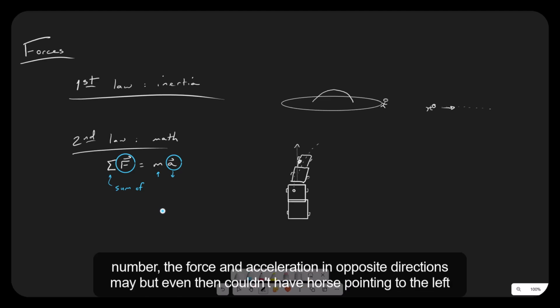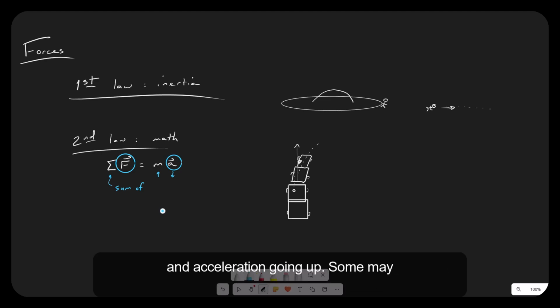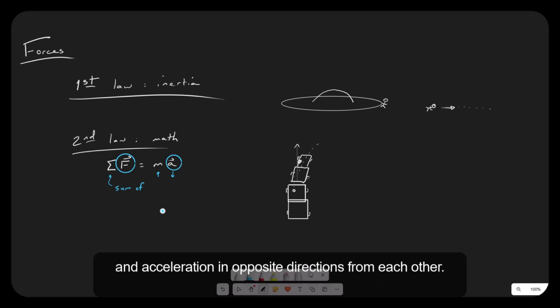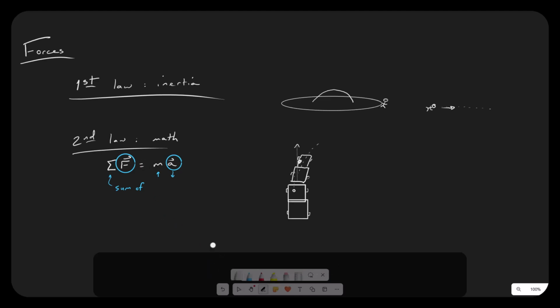If the mass could be a negative number, then force and acceleration could point in opposite directions, maybe, but even then you couldn't have force pointing to the left and acceleration going up or something. They have to be parallel. Because mass is always going to be a positive number, or zero, we're never going to have force and acceleration point in opposite directions from each other even. Newton's second law we'll end up spending a whole lot of time with.